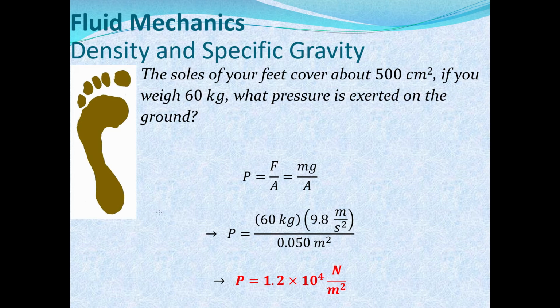Now, if you have centimeters squared, technically that means that the 10 to the negative 2 is also being squared. So the conversion from centimeters squared to meters squared wouldn't just be 10 to the negative 2, it'd be 10 to the negative 4.